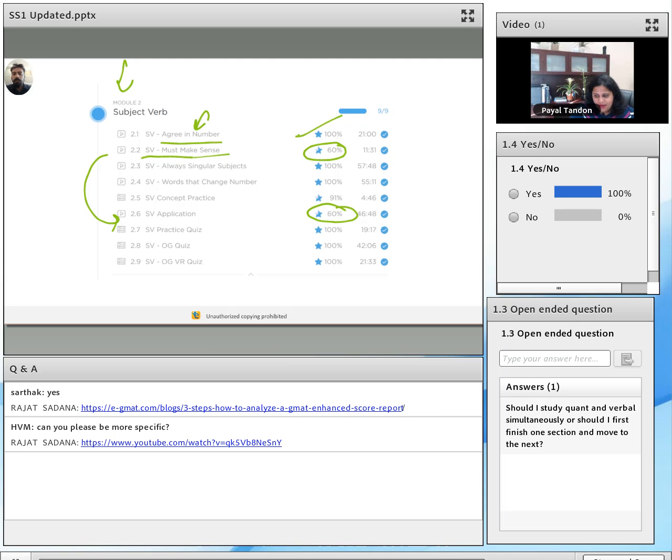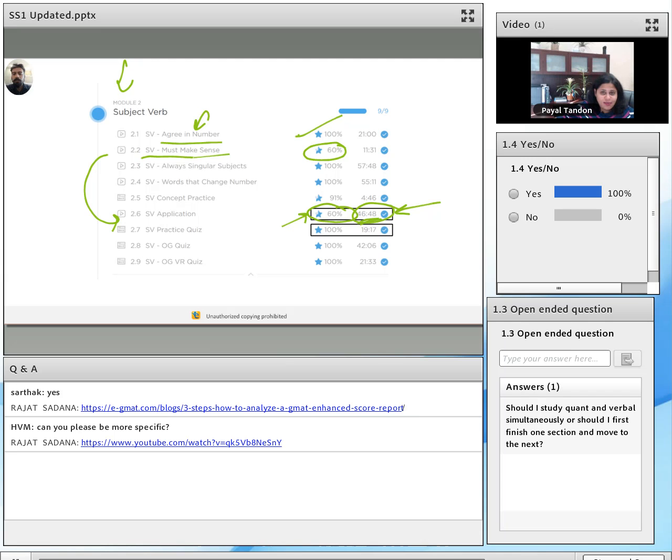But what he does over here is, you take a look at the amount of time that he's spent. Even though he's gotten 60%, he actually went back and he redid quite a few questions. That's why the amount of time he spent is about 10 minutes per question. Okay, so he actually spent quite a lot of time as he was answering questions incorrectly.